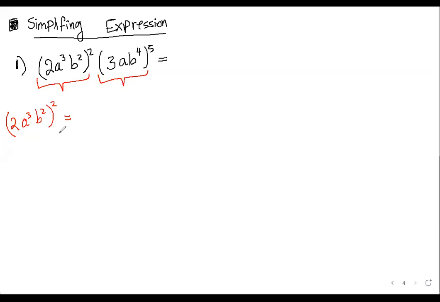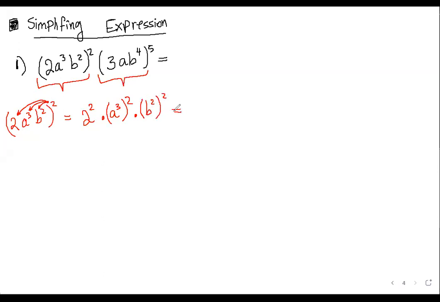We distribute the exponent 2 to everything inside, right? This is the first thing. So I mean 2 to the power 2 times a to the power 3, everything to the power 2, times b squared, everything to the power 2.